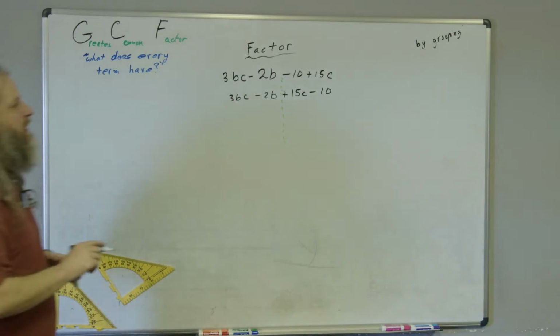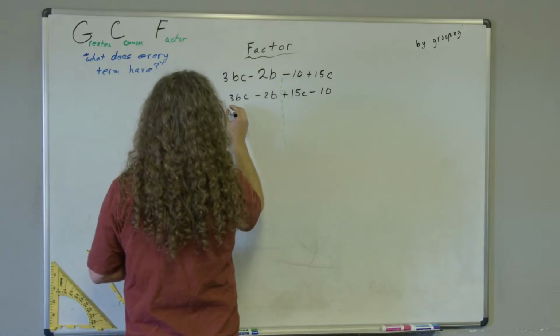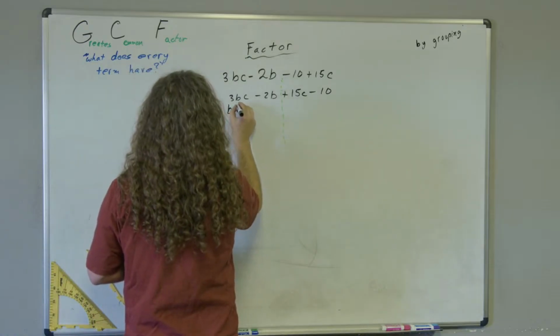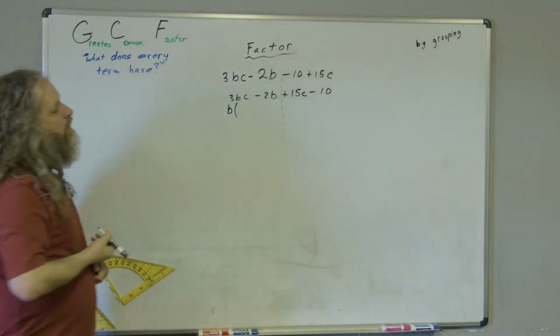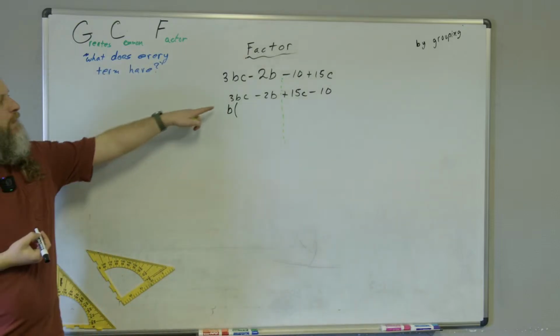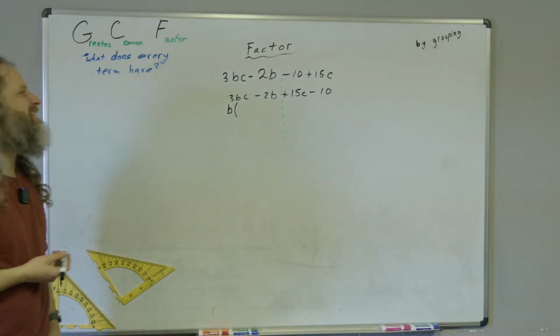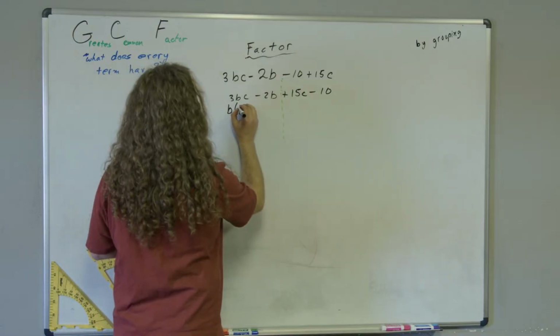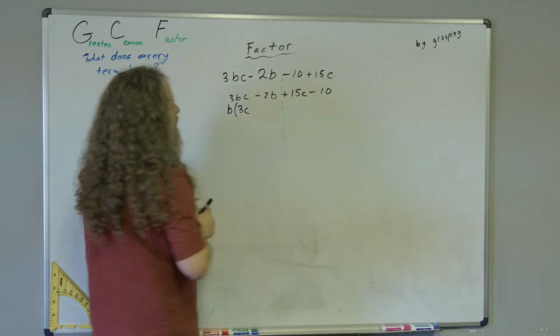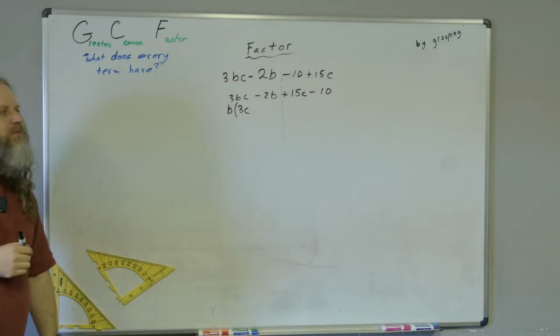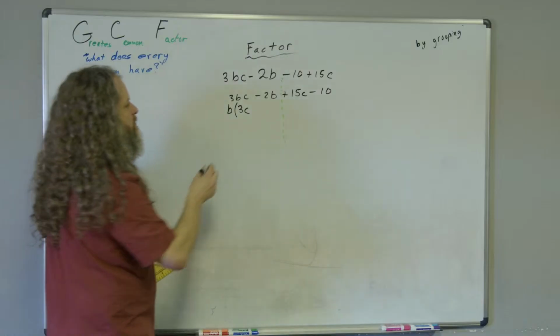They do have a B. And that's all that's in common on the first chunk, right? If I pull a B out of this first term, what's left? 3c. True enough. If I pull a B out of this one, what's left? Negative 2.